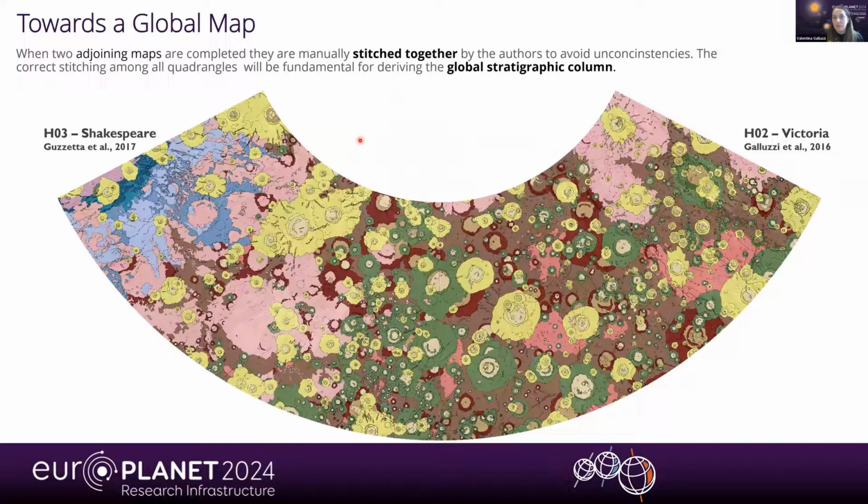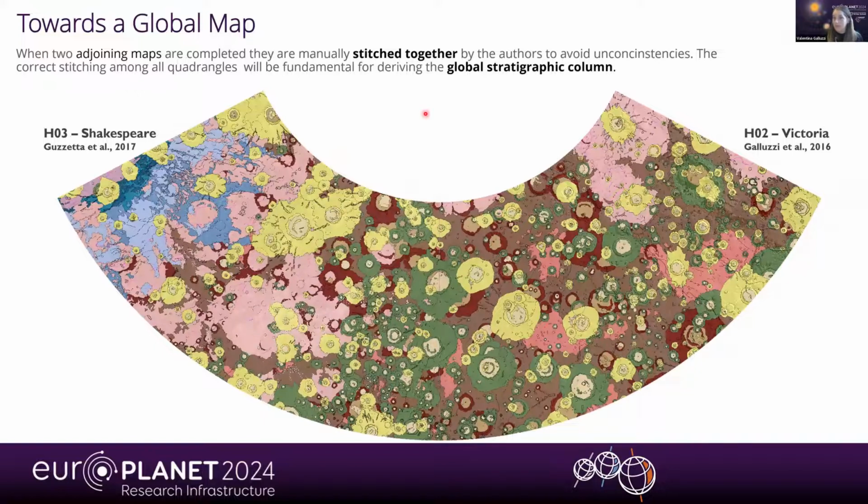I can interpret a unit differently from how you interpret it. If you put 10 different geologists mapping the same area, you will get 10 different maps. So how can we achieve a precise boundary that matches one quadrangle to the other?